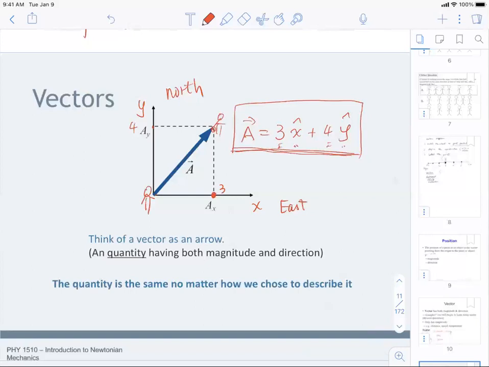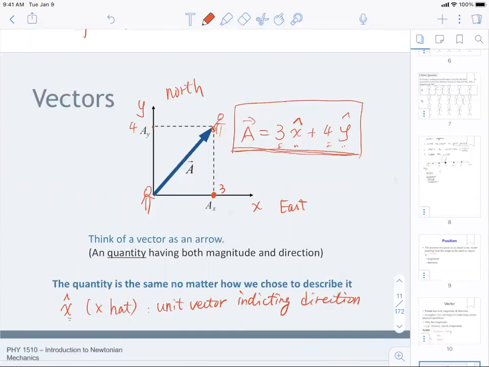What are the little arrows on top of the X and the Y? You mean this, right? Okay, this is called a unit vector. X hat, this is called hat, which is a unit vector indicating only directions.